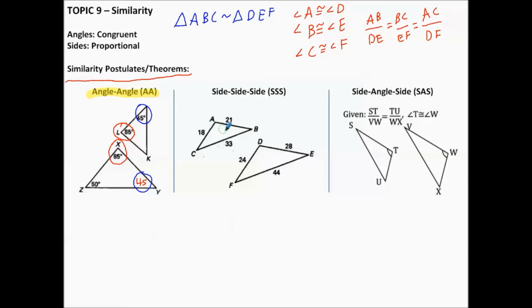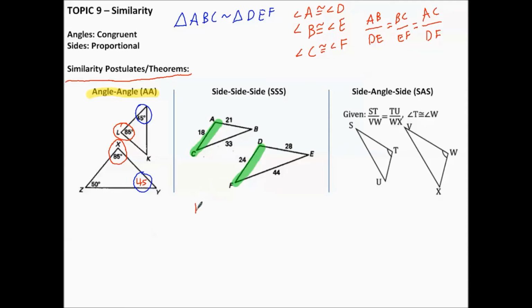What do I mean by that? Just look at one triangle at a time. Which one of those sides is the smallest? Yep. How about over here? Which side would pair up with it, because this would be the smallest side as well? Yep, right here.